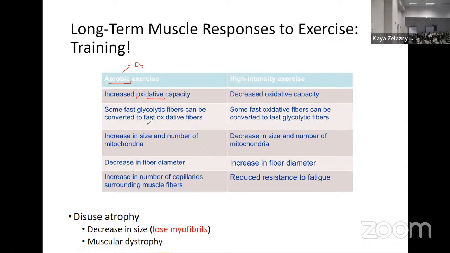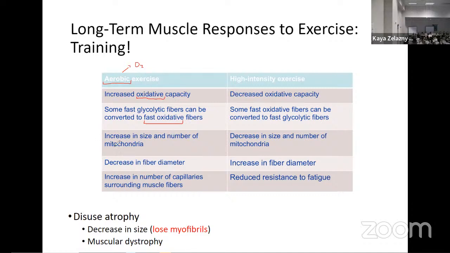So that oxidative capacity, that oxygen process, is increasing. So if you're doing a lot of aerobic exercise, you'd expect to see the conversion of some fast glycolytic fibers into fast oxidative fibers, all going with this oxygen stuff.